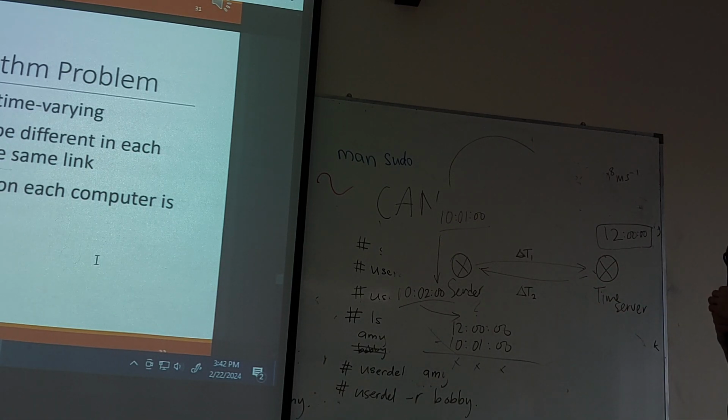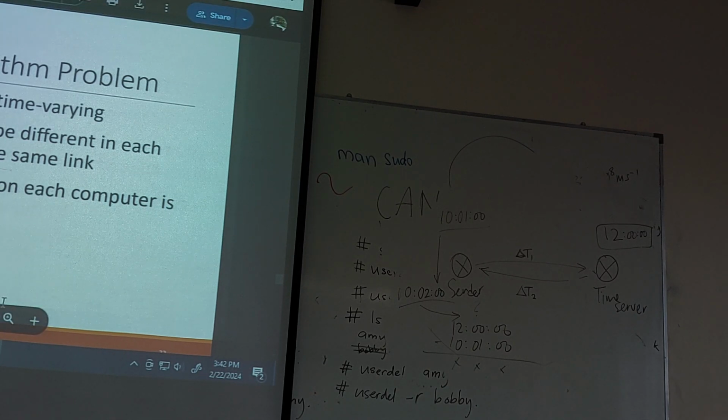If you are talking about nanosecond precision, don't go for it. If you are talking about millisecond, maybe okay, is doable. But if you are talking about microsecond or nanosecond, it is completely out of the question. Okay, because your computer is also running at that speed as well, unless your computer is running extremely faster than that.